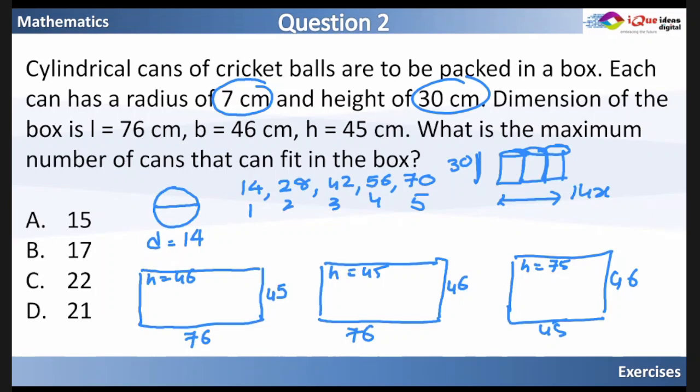Okay, so now let us take the first case. If I take 76 and 45 as the measures, then 45 means maximum 3 feet can fit height-wise, and length-wise maximum 5 feet. So 3 multiplied by 5, a maximum of 15 cans can be stacked.